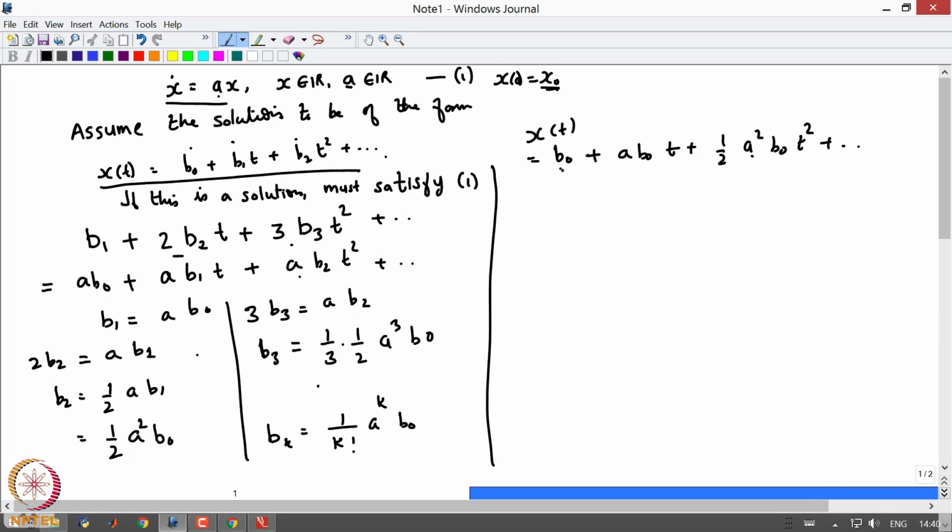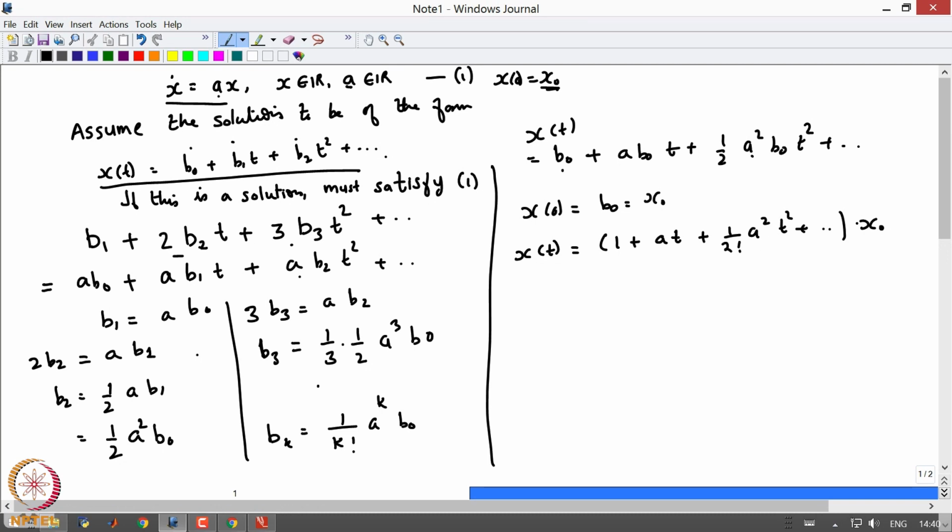How do I find this b naught? Well, b naught is simply the initial condition. x at 0 would simply be b naught, and this will be x naught. That is easy. And therefore, now I can write down x of t as 1 plus a t plus and so on with x naught.